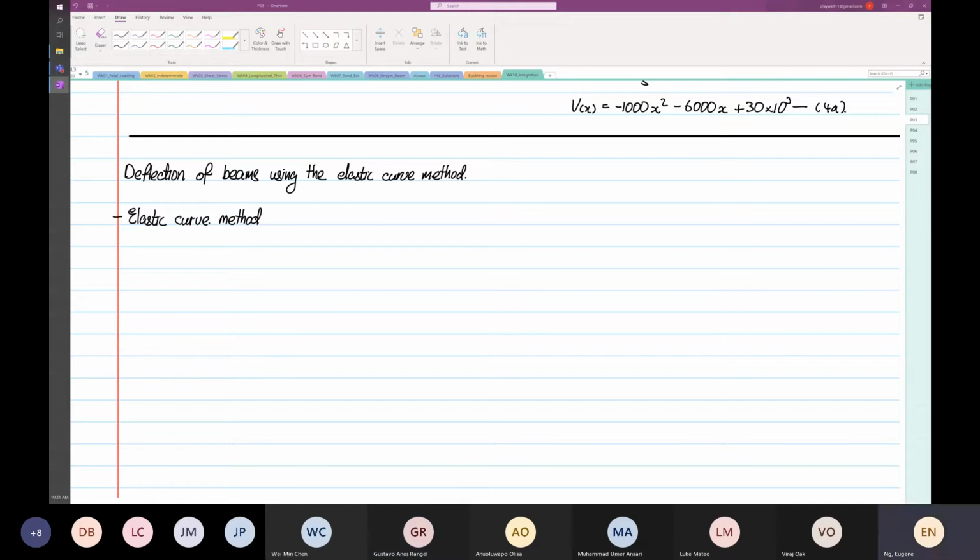is used to calculate the slope and deflection of the beam.